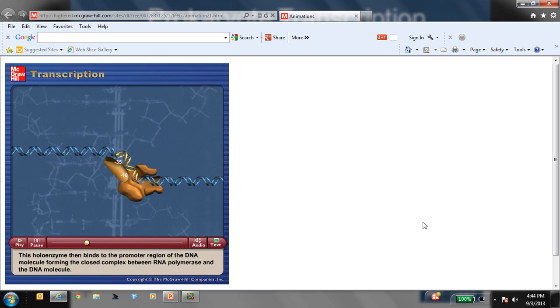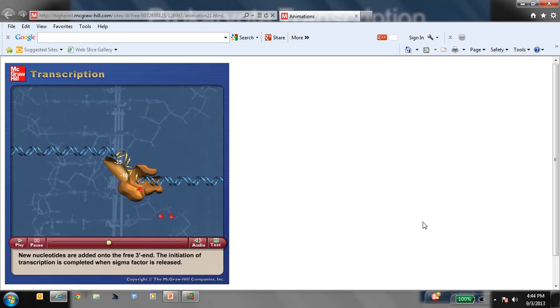This holoenzyme then binds to the promoter region of the DNA molecule, forming the closed complex between RNA polymerase and the DNA molecule. By breaking hydrogen bonds between bases in the double helix, the closed complex is converted into the open complex. The formation of the RNA transcript from nucleotide triphosphates then takes place as RNA polymerase is forming the new transcript, starting at the 5' end of the transcript.